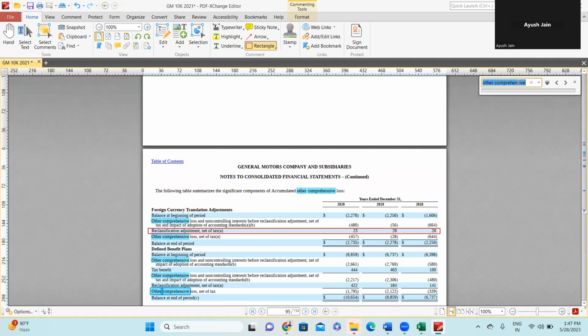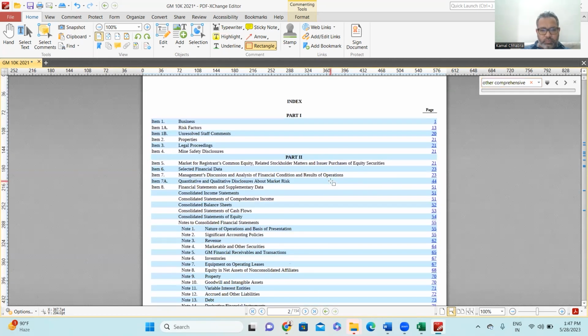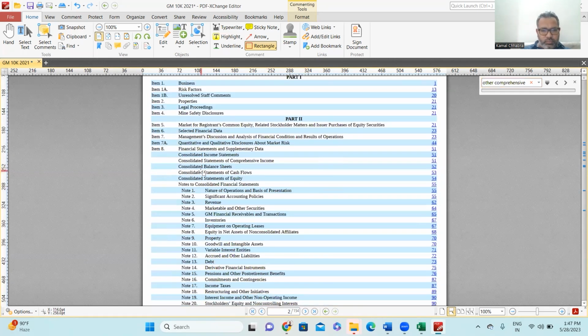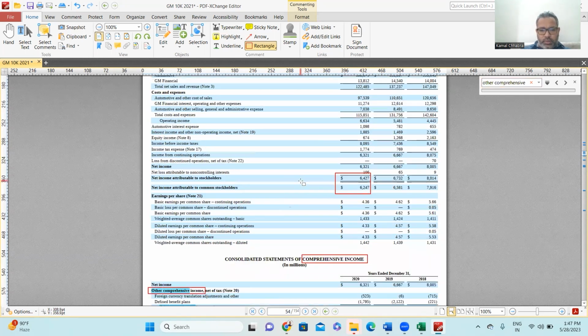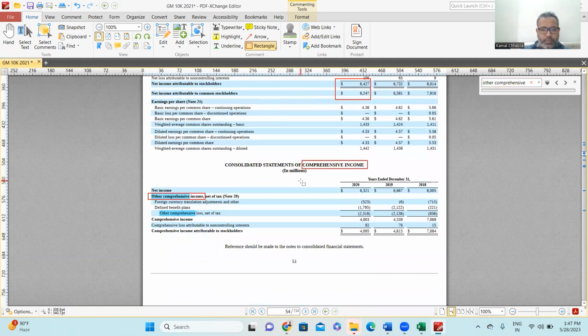One second. There is a consolidated statement of other comprehensive income. So here is the foreign currency translation adjustment, defined benefit, other comprehensive losses, net of tax.